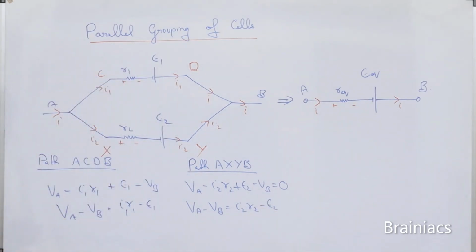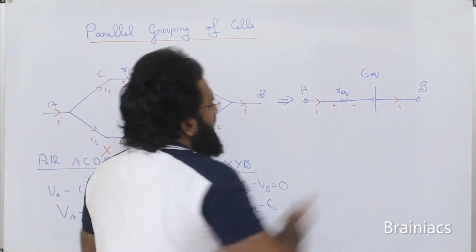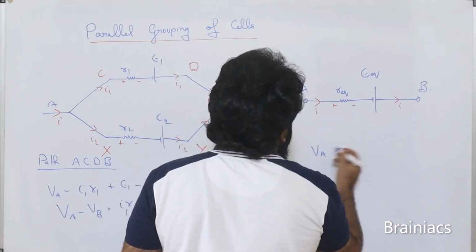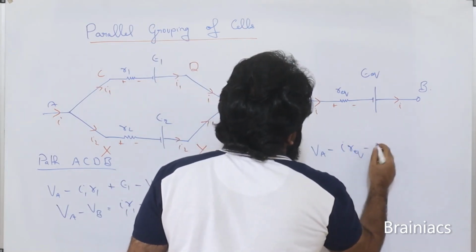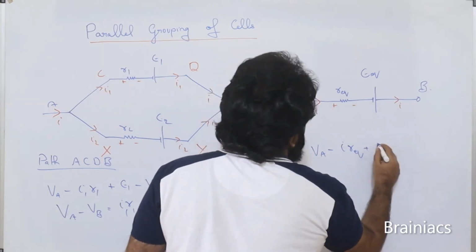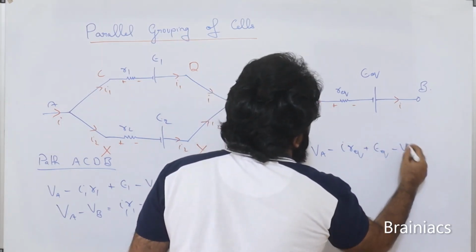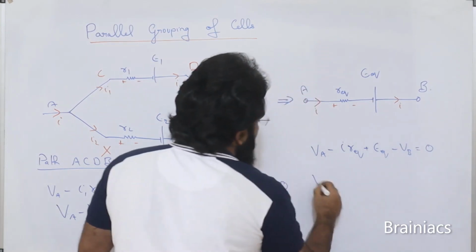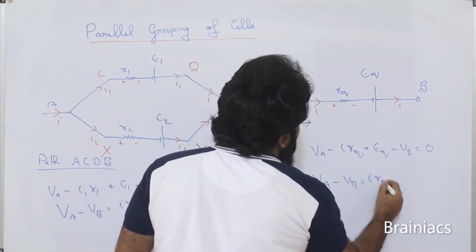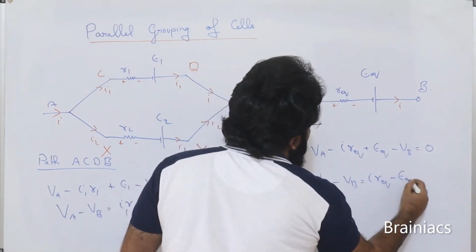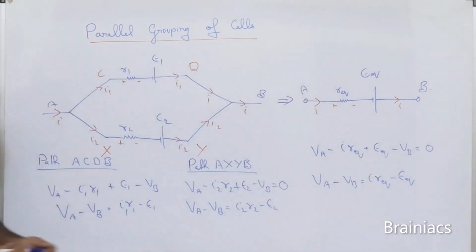That is the potential difference there. Now in this case, VA minus I R equivalent, and here again plus E equivalent minus VB is equal to 0. So VA minus VB is equal to I R equivalent minus E equivalent. Clear? Copy this, note it down.